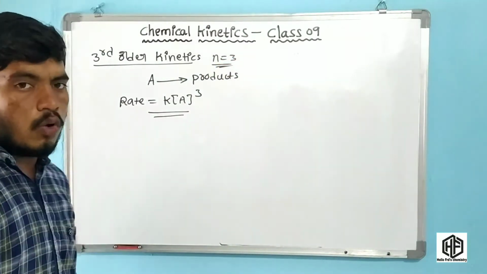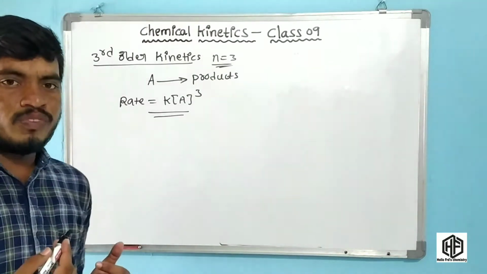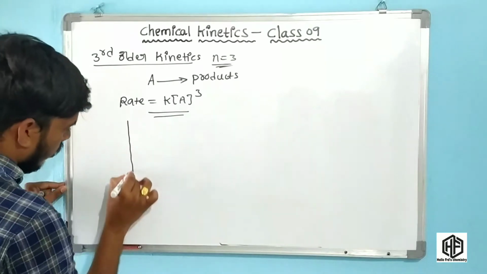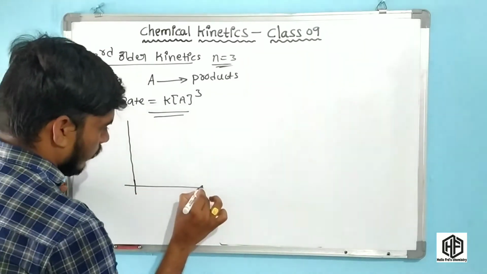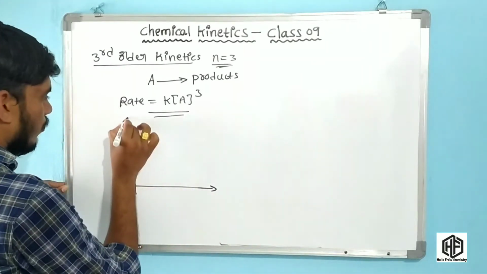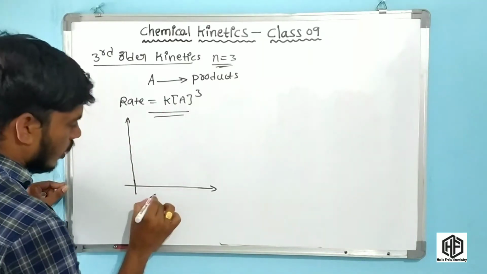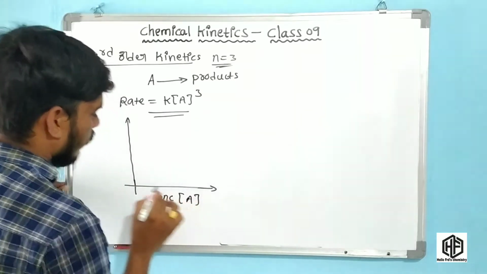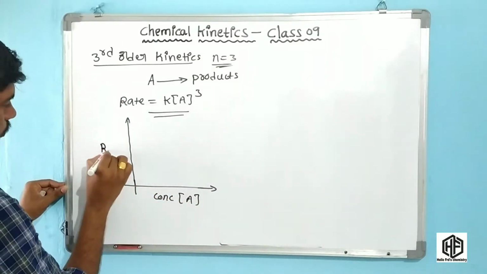Now in this third order reaction, what is the graph representation of rate versus concentration of A? I consider this graph. On the x-axis I represent the concentration of reactant A, and on the y-axis I represent the rate.